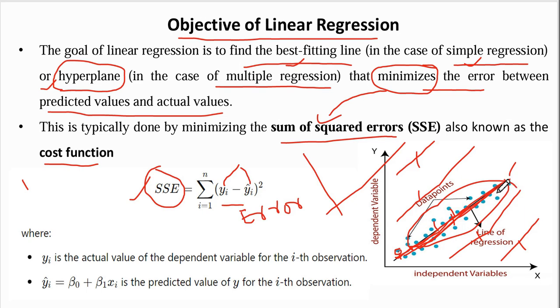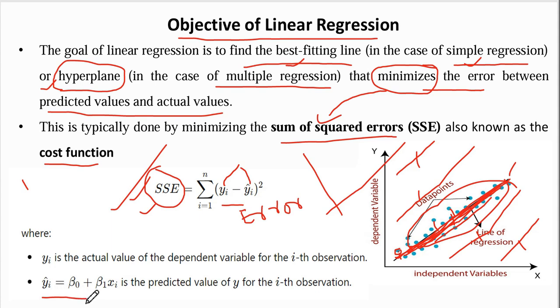That's why this line may give the minimum error compared to the remaining 4 lines. So our ultimate goal in linear regression is to find this best line. If we find this best line, obviously the error is minimized. Clear? So that is about the cost function to minimize the error in linear regression.